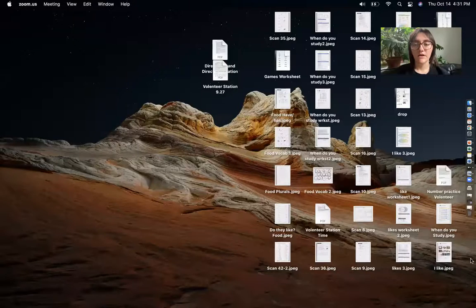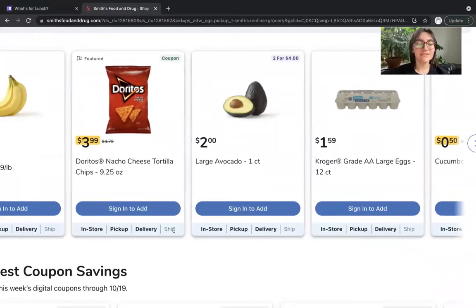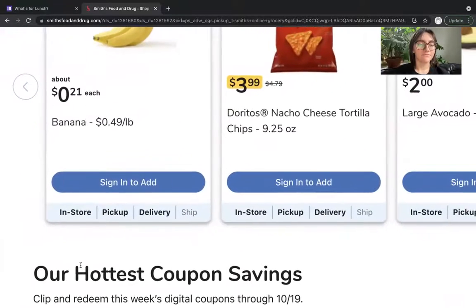Let me pull this up really quick. Let's look at some advertisements. Okay, let's go to here. Okay, so you'll see right here.